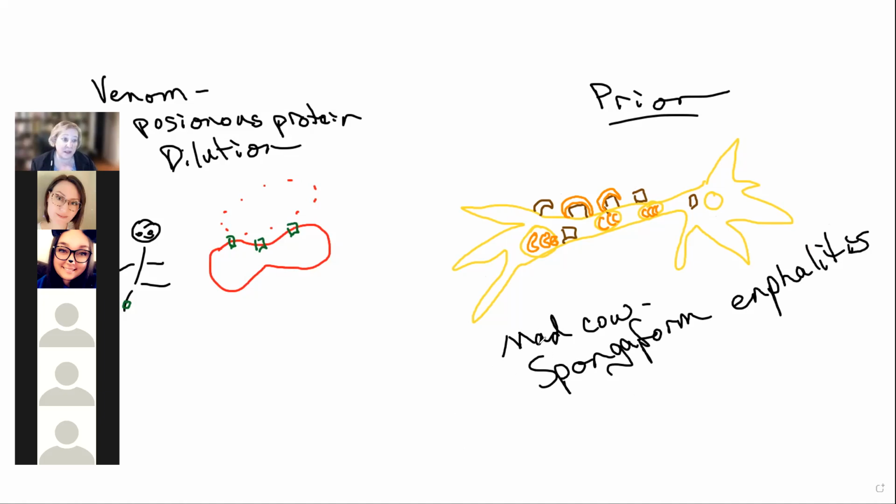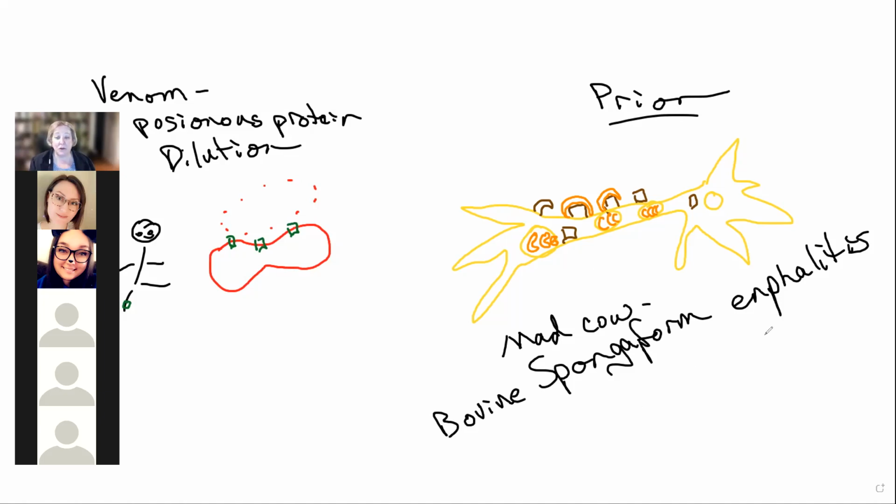Specifically, if it comes from cows, it's bovine spongiform encephalitis. What happens is patients start showing problems with being able to walk, they start having trouble speaking, and then eventually they lose cognitive function, and then they die.